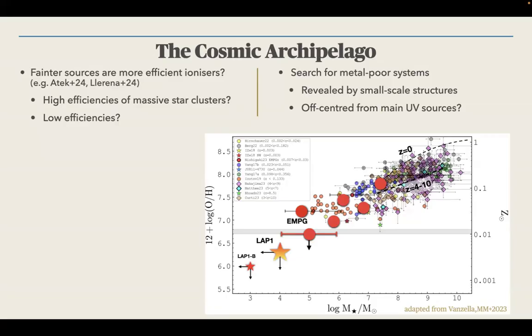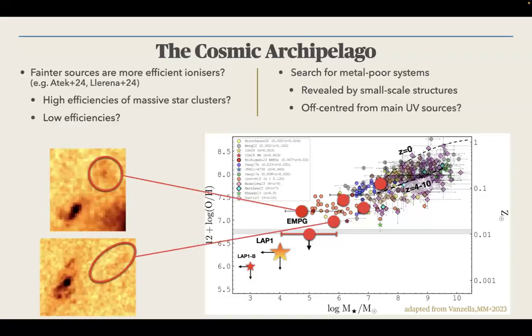And again, it's interesting because it looks like in order to see the pockets of metal poor system, we need to look for small pockets. In particular, some of these sources are not even the main UV sources I showed you before, but they are offset from the main UV sources.